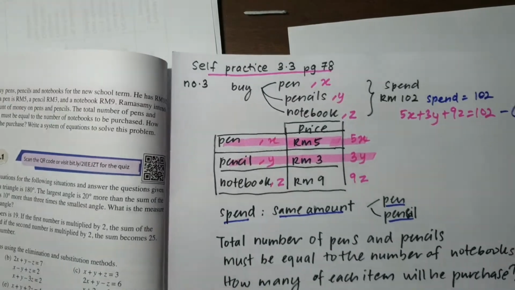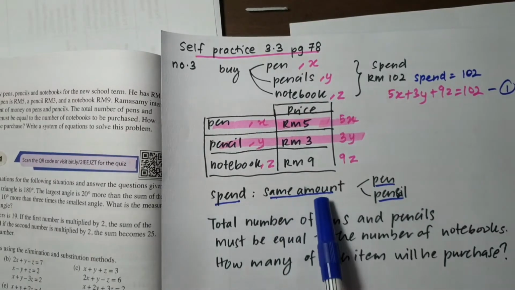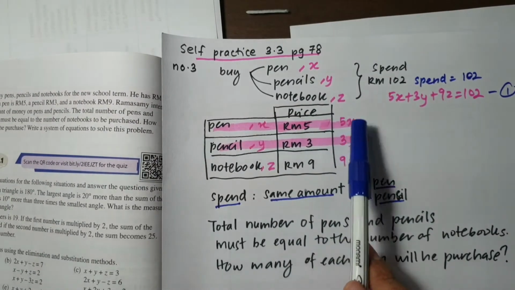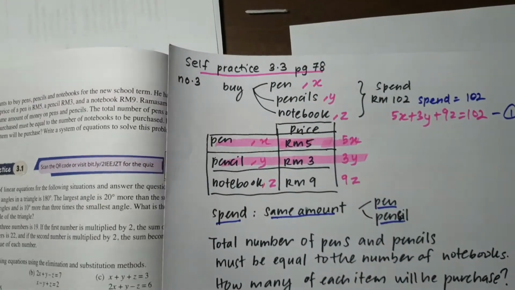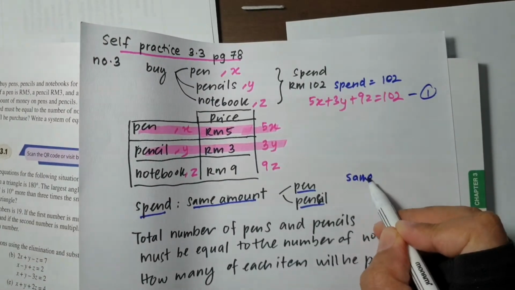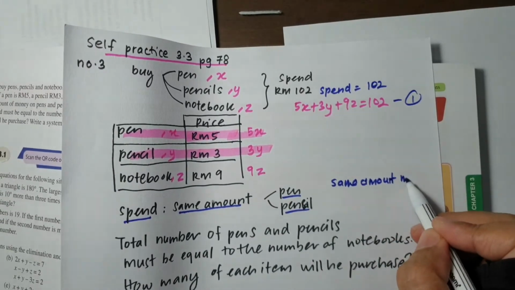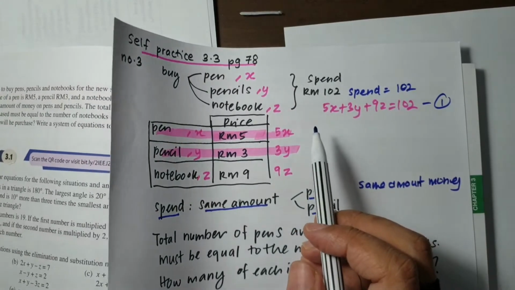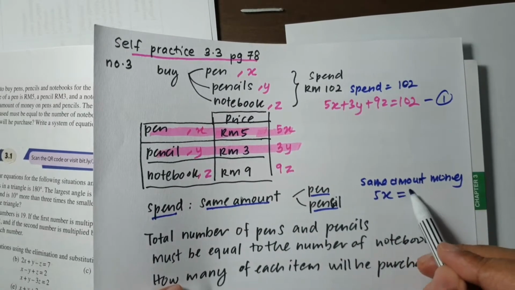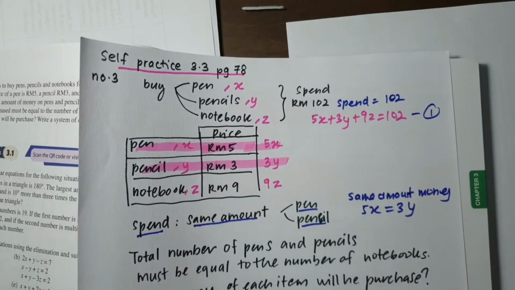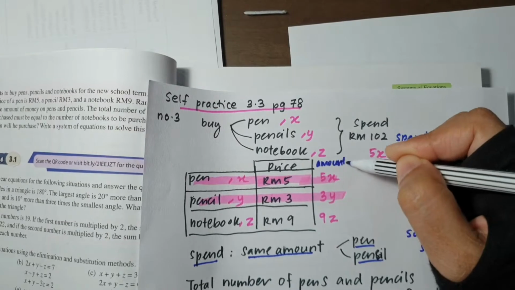So Ramasamy spends the same amount of money on pen and pencil, on pen 5x and pencil is 3y.